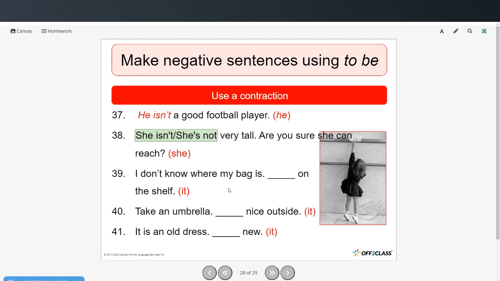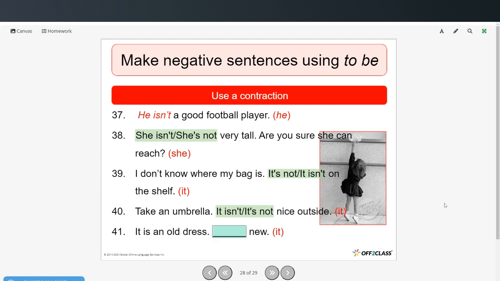Are you sure she can reach? I don't know where my bag is. It's not on the shelf, or it isn't on the shelf. Take an umbrella. It isn't nice outside, or it's not nice outside.